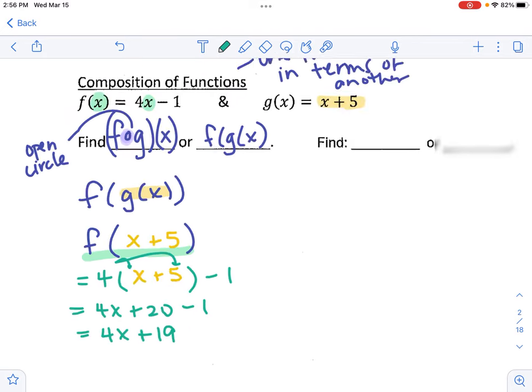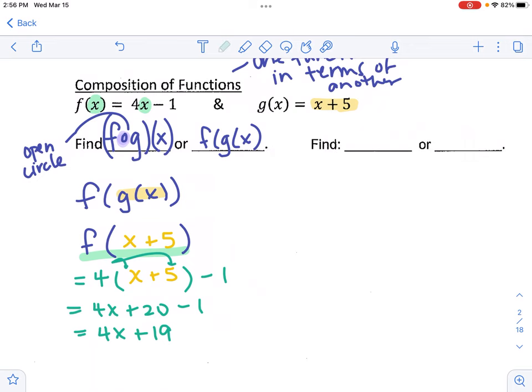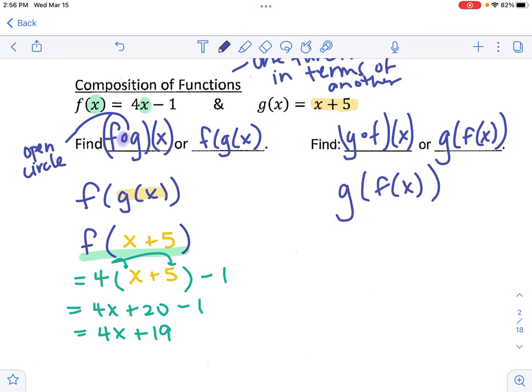We can also do this in a different way, and I want to show you that if we reverse the order, most likely we're getting a different result. So if we want to find g of f of x, the order is going to change. I'm going to start out with grabbing the f stuff, and remember the f stuff is 4x minus 1.